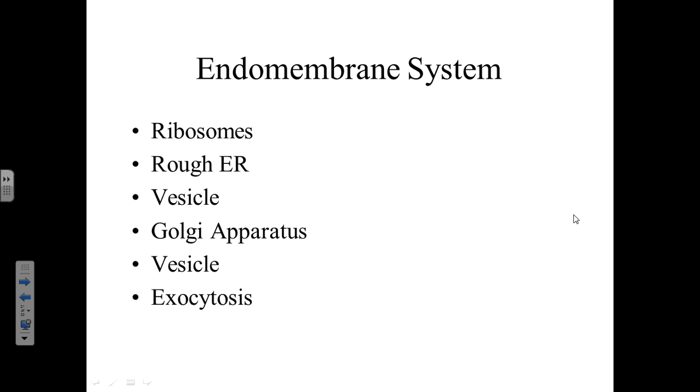Not so much the line, the conveyor belt. Its job is to do what? Move things around, not outside the cell, just where? Inside the cell. Also modify the protein a little bit, maybe change its shape, add some things to it like sugars. But think of it like a conveyor belt.